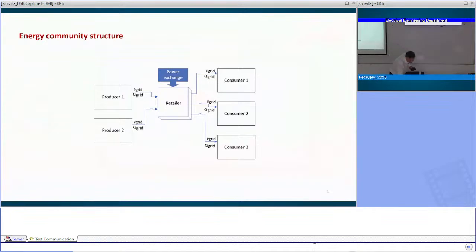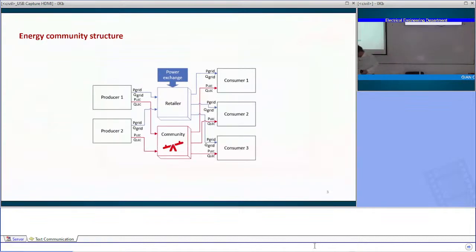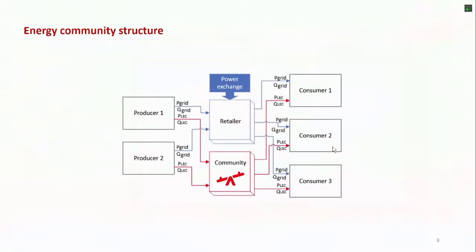So what is the role of the community here? It is an organization of consumers and producers that write an agreement to share power, so that the users that are injecting power in some hours can directly share their power inside the community with the customers.